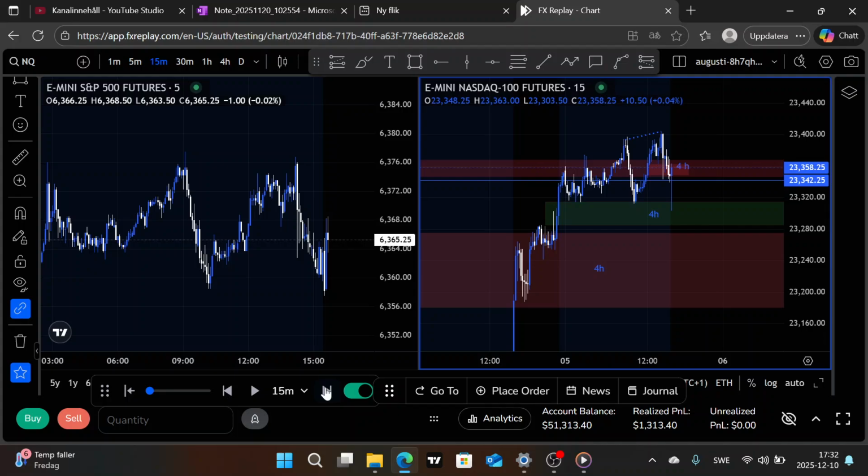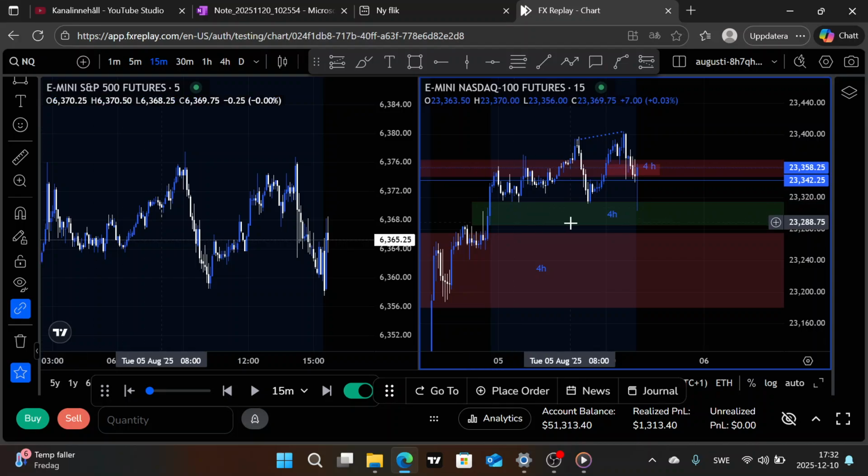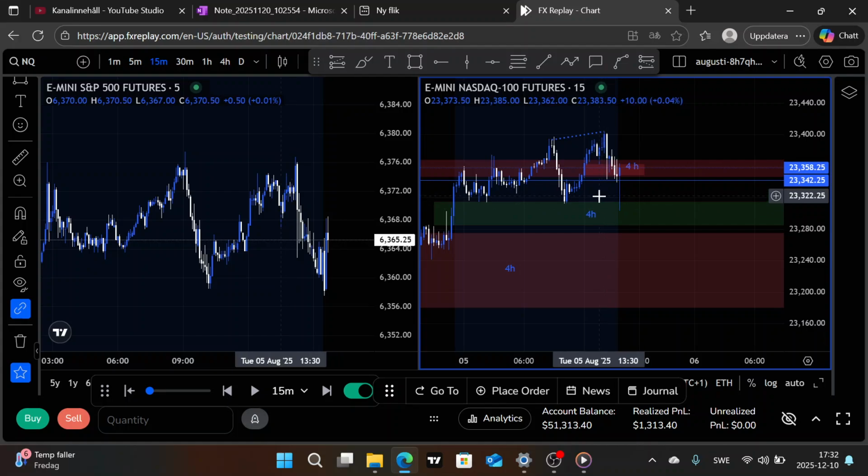So now we have seen that the fair value gaps get wicked. So what is that supposed to mean?